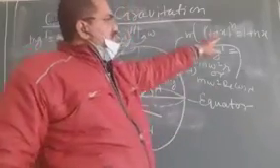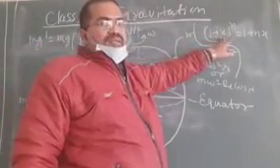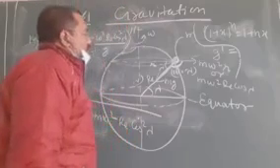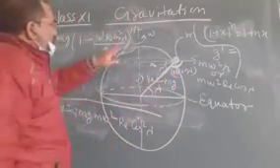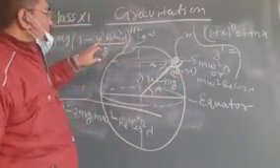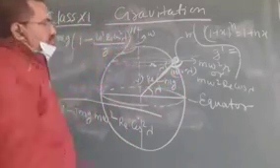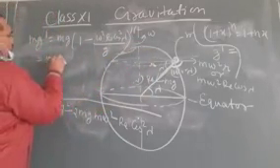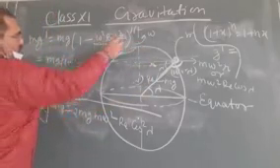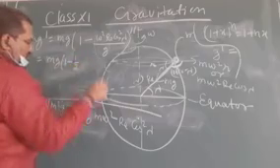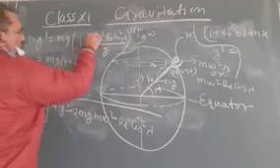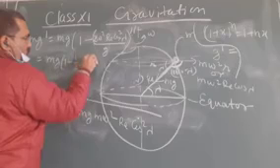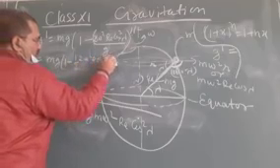This is the binomial formula: 1 plus x to the power n equals 1 plus nx if higher terms are neglected. Here n equals half and x equals this term. So using that formula we get mg times 1 minus half into 2 omega square r e cos square lambda by g.